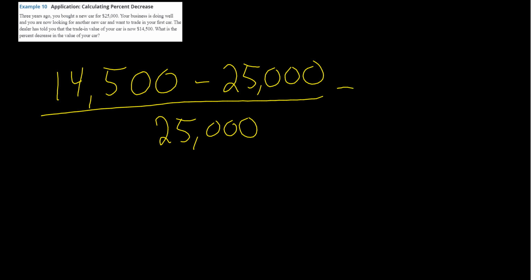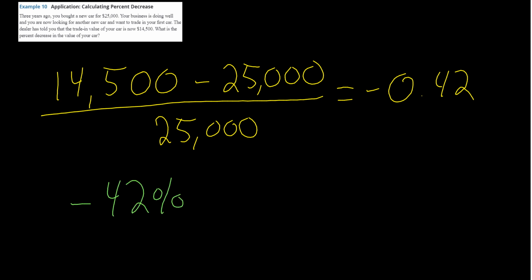It's equal to negative 0.42, so we decreased in value 42%. We can say minus 42%. That's how we do it. So example 9 and example 10 are set up pretty much the exact same way, whether you are increasing or decreasing your percent.